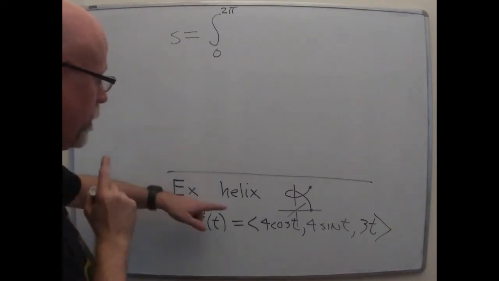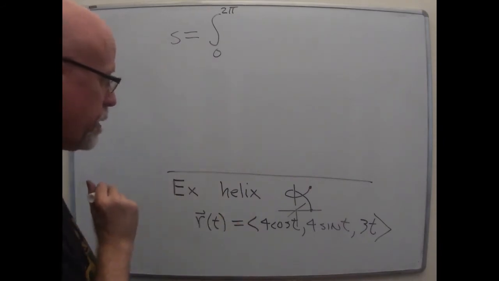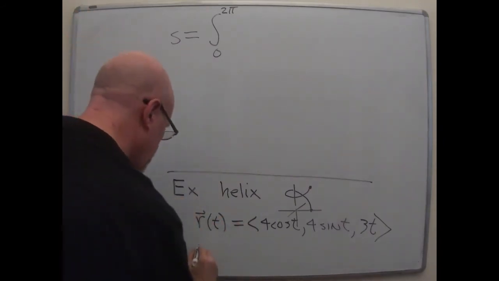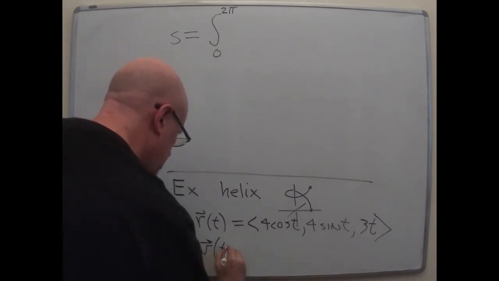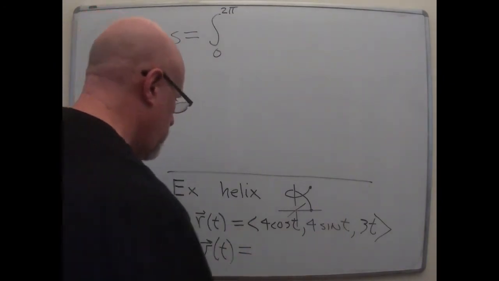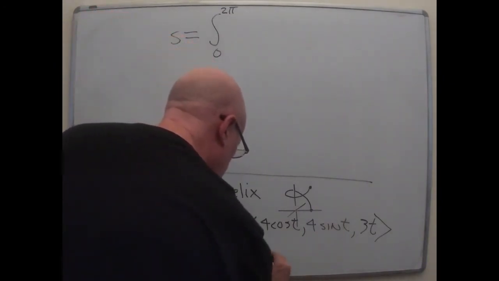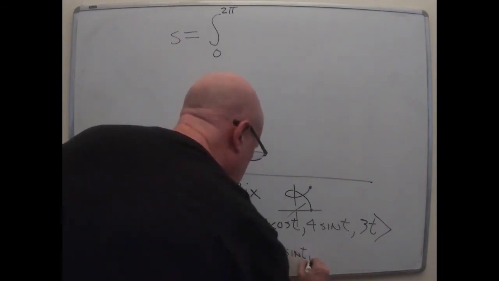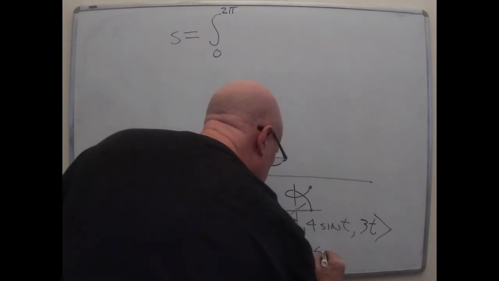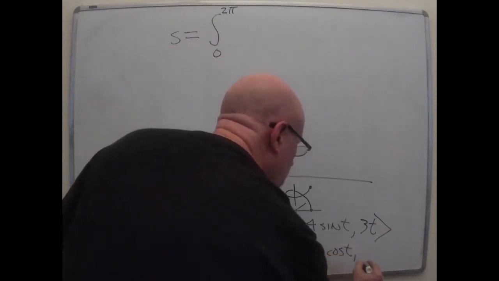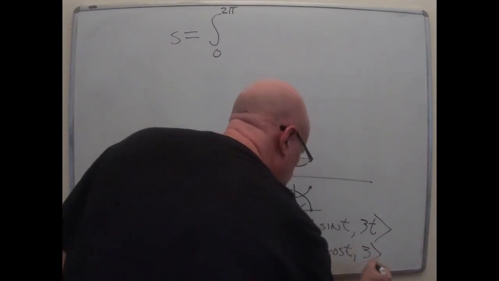So we have to integrate the square root of the sum of the squares of the derivatives here. Before I go back up to the top, let's figure out what the velocity vector is. The derivatives of these: cosine goes to minus sine, so we get negative 4 sine t. Sine goes to cosine, so the constant comes along, 4 cos t, and that becomes a 3.